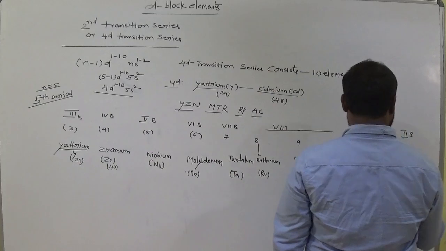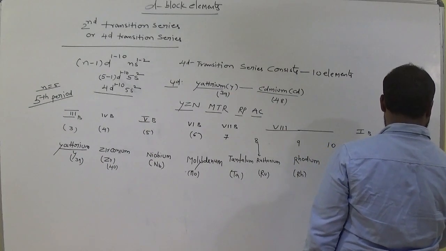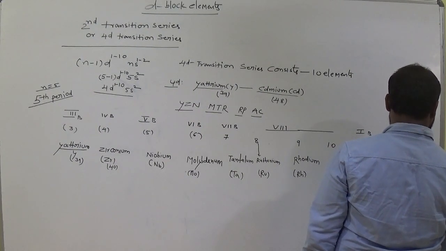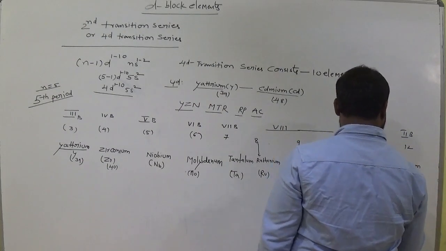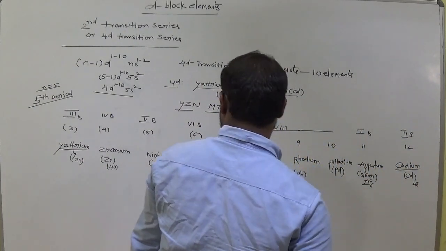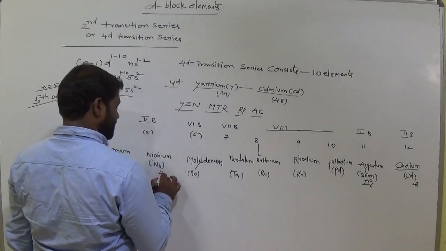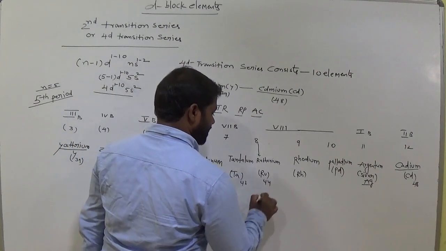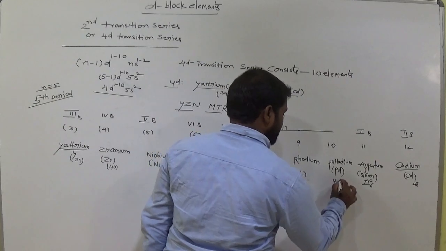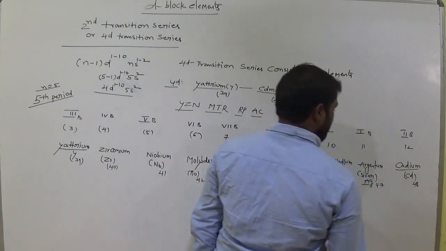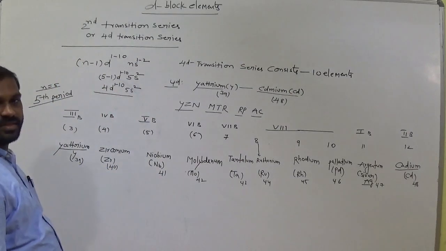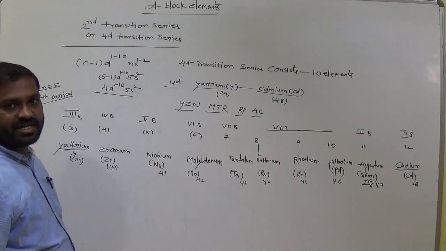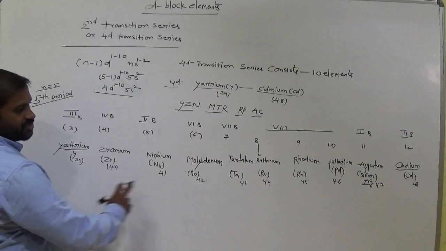And the last one is cadmium, its symbol is Cd, and its atomic number is 48. So 40, 41, 42, 43, 44, 45, 46, 47, 48. Okay, clear? These are the elements present in the 4D transition series, yttrium to cadmium.